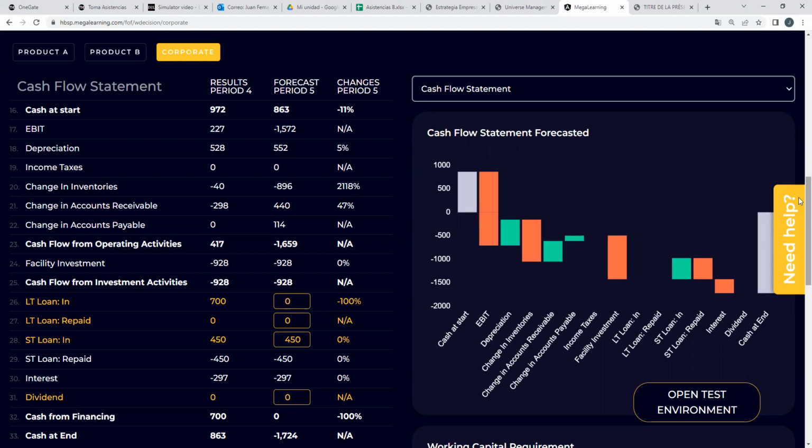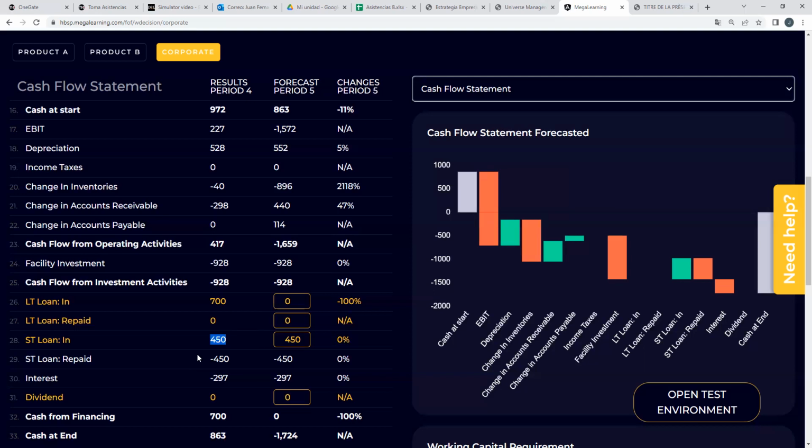It says long-term loan in, long-term loan repay, and short-term loan in. Okay, so in the previous round, the previous administration asked for a short-term credit of $450.